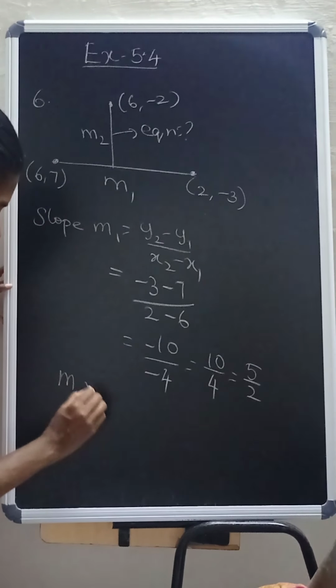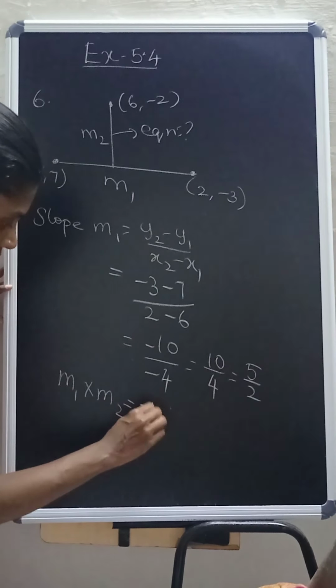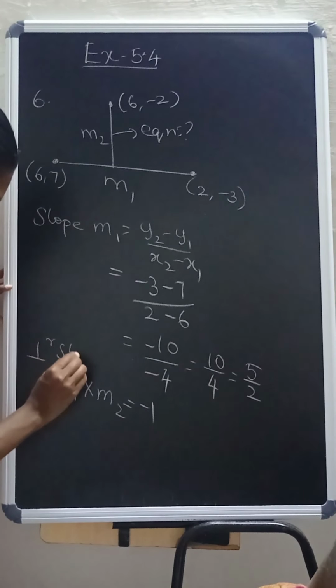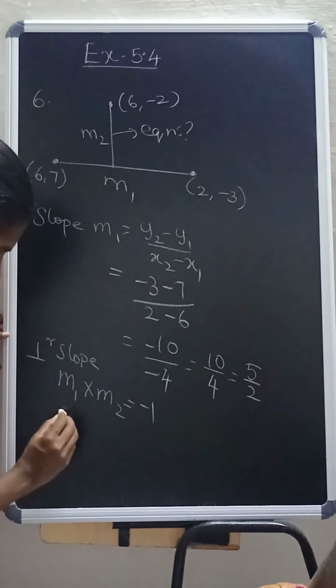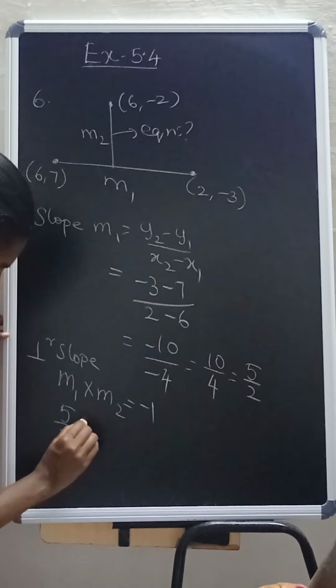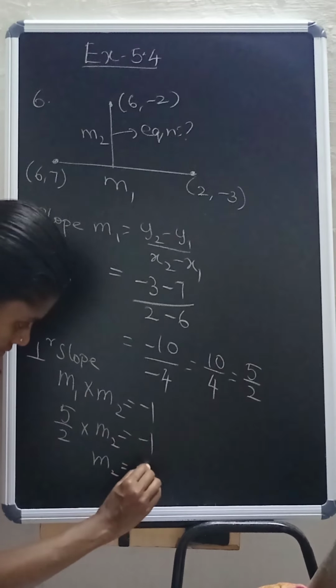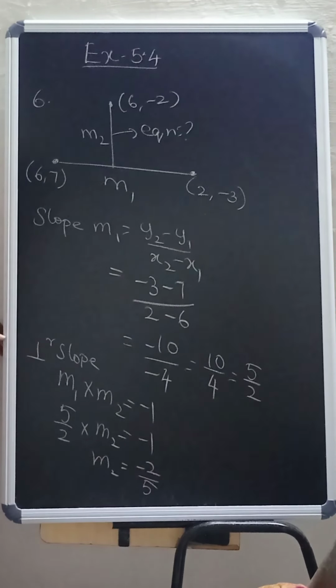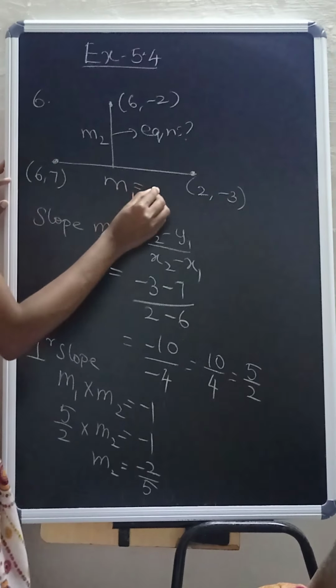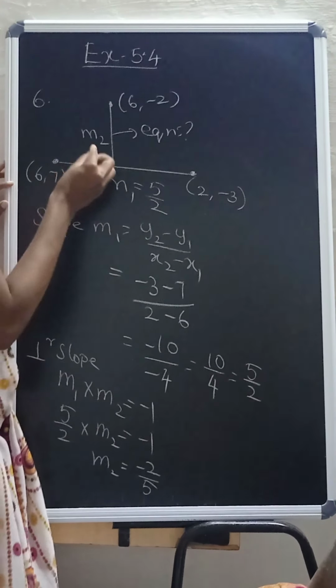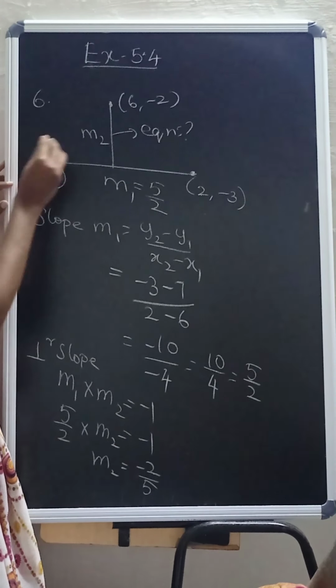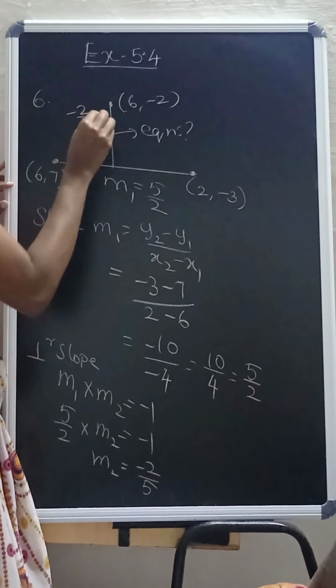Now, so you have got m1 is equal to 5 by 2 and m2 is equal to minus 2 by 5.